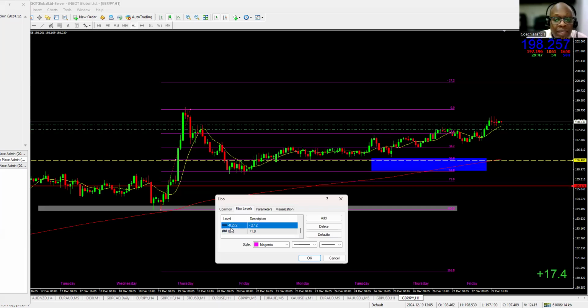The level is minus 0.272. Again, you just move the decimal point. In this case, they moved it two places. Let's go add.